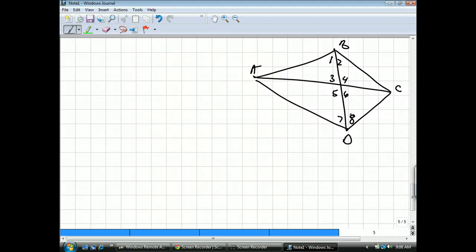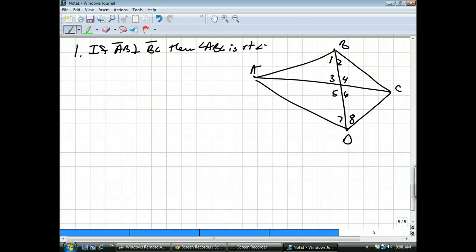Name the definition or theorem that allows us to make the following statements. Number 1: if segment AB is perpendicular to segment BC, then angle ABC is a right angle.